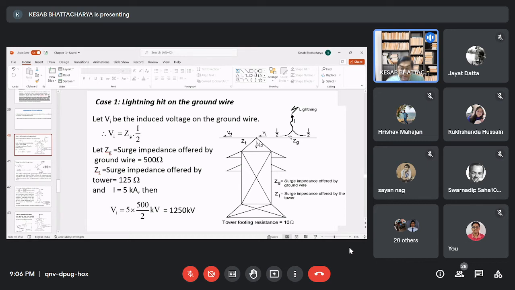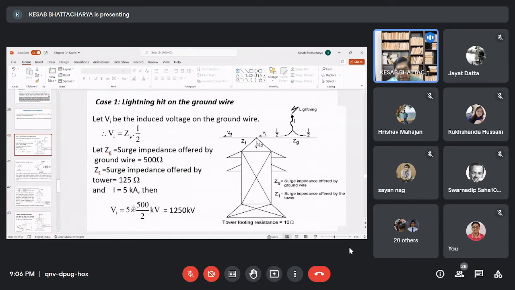Again, we assume that the surge impedance of the ground wire is 500 ohm, and that of the tower body is 125 ohm. And here it has been assumed, as shown in the diagram, that the tower footing resistance is 10 ohm. Clear? These are our assumptions, and we also assume that the lightning strike is of 5 kiloampere rating.